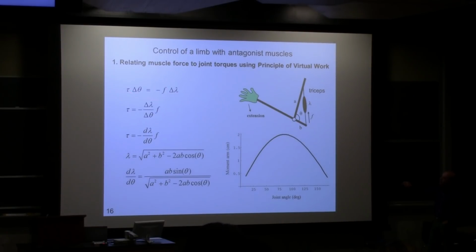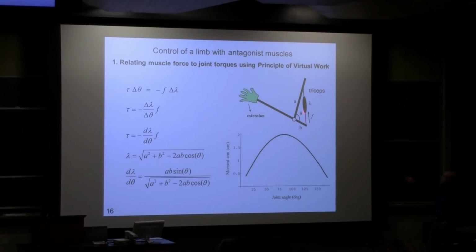So we have this relationship between a change in the joint angle and a change in length. We can write this and replace it with a derivative, d lambda d theta, which says that force times the derivative of length change in muscle coordinates with respect to joint coordinates is torque.